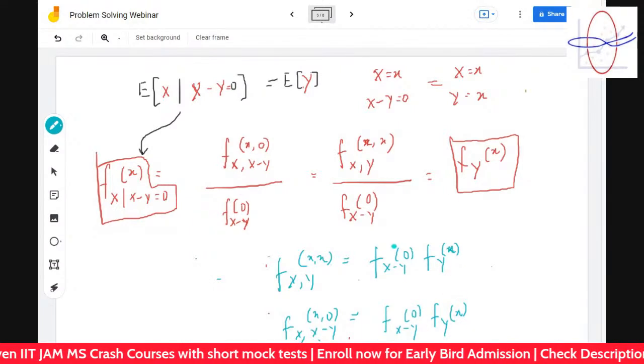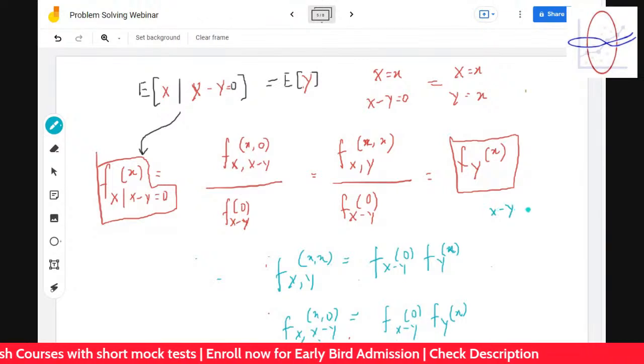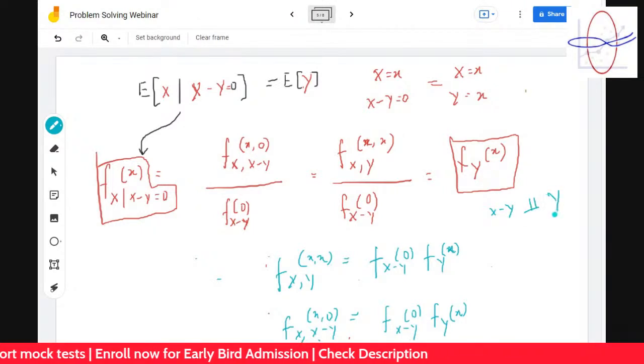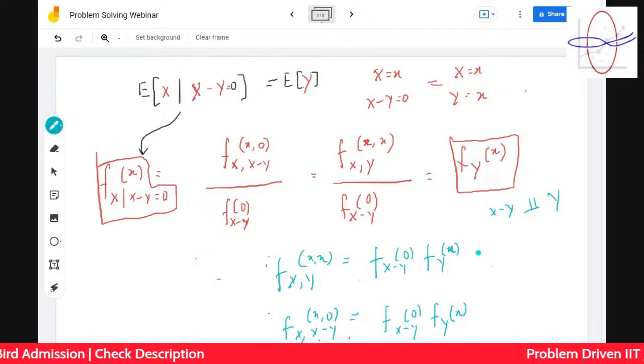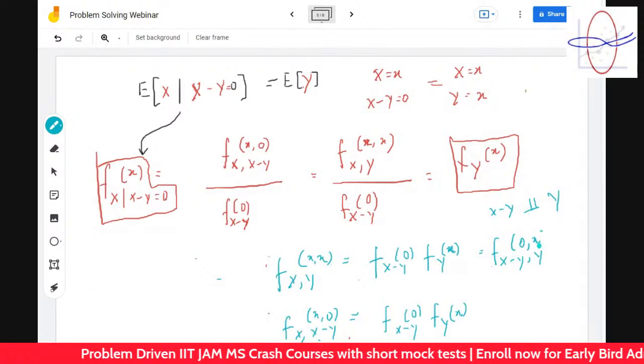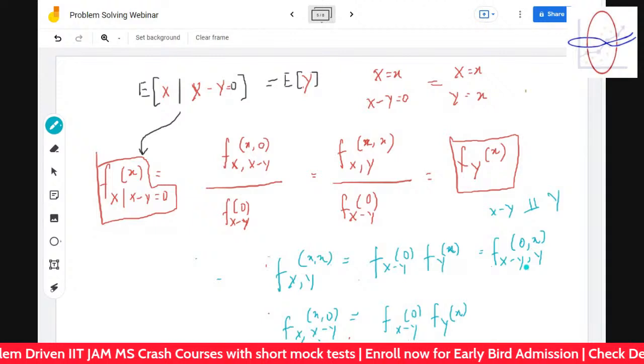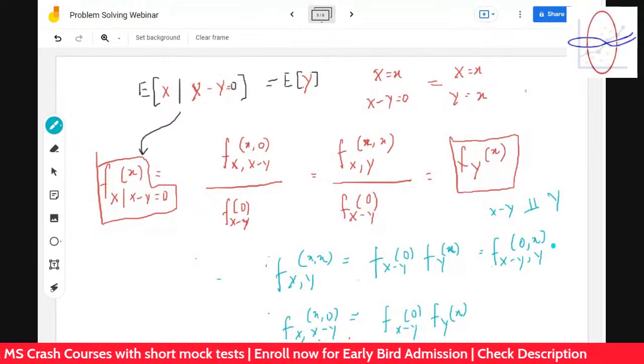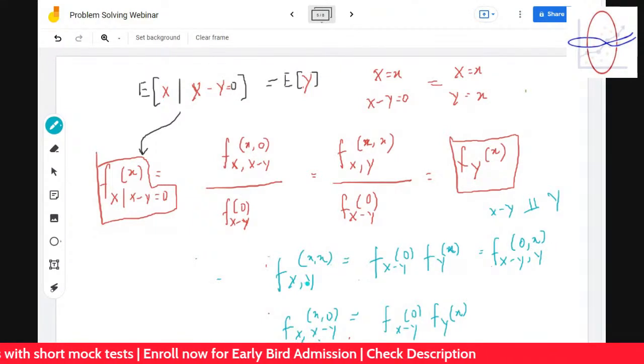You can understand that if x minus y and y are independent, then we can write it like this: f of x comma y of 0 comma x, and we can easily understand this event x minus y is equal to 0 and y is equal to x is the same as this, right?